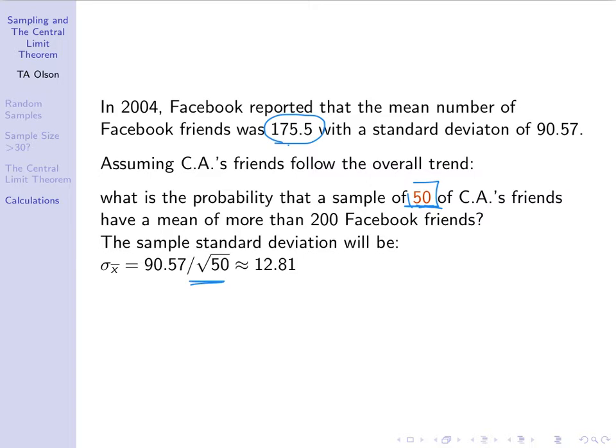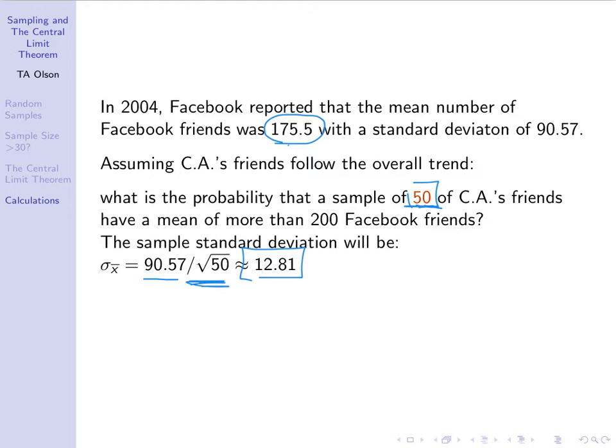Chifaru has 50 friends in this first sample, so the standard deviation is going to be 90.57 divided by the square root of 50. This gives a sample standard deviation of 12.81. So this sample will come from a normal distribution with a mean of 175.5 and a standard deviation of 12.81.